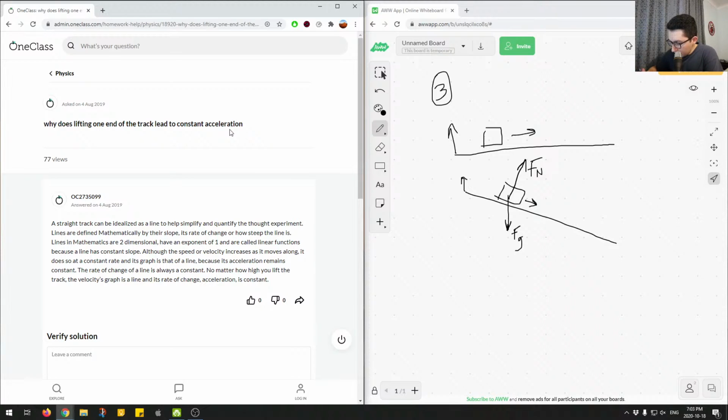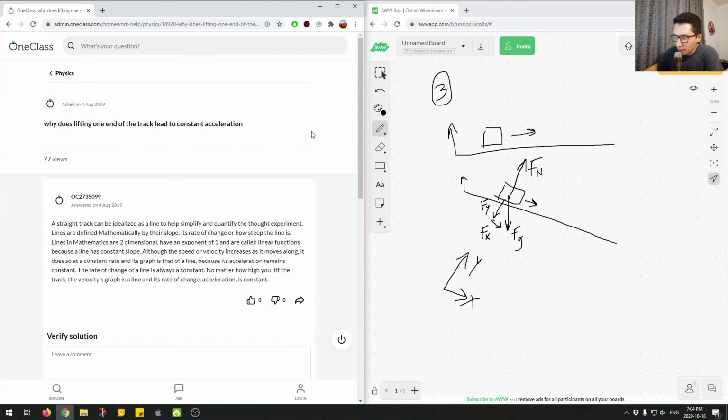The main thing to note is that for the force of gravity, if we had a coordinate system like this at an angle, an x and a y, we'd have a y component to the force of gravity and an x component. So this would be Fx and Fy.